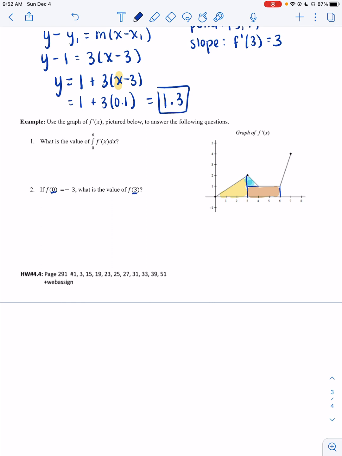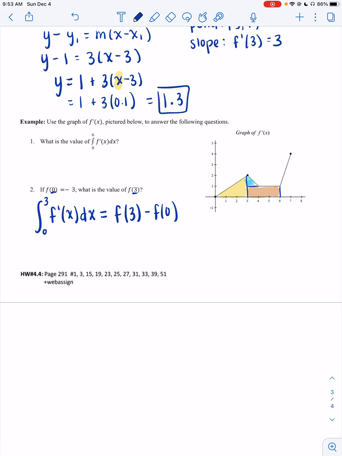We're being asked about f and we're being given f prime, so we need to write something that's going to connect those two. Well, here's what's going to connect those: the integral from 0 to 3 of f prime should be equal to f of 3 minus f of 0.